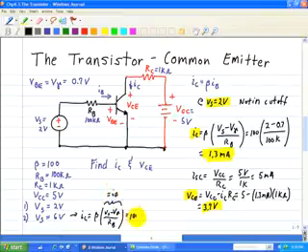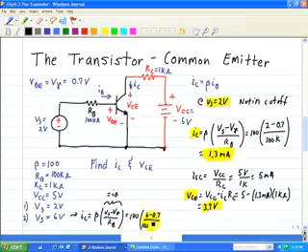Substituting the values, we have 100 times 6 minus 0.7 all over 100 times 10 to the third. And that's equal to 5.3 milliamps. Let me highlight that: 5.3 milliamps.